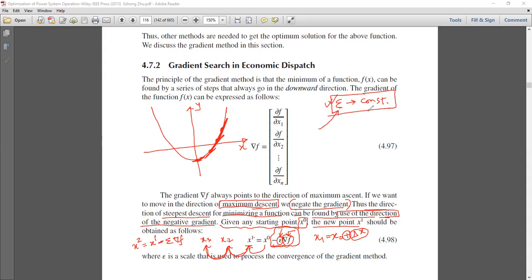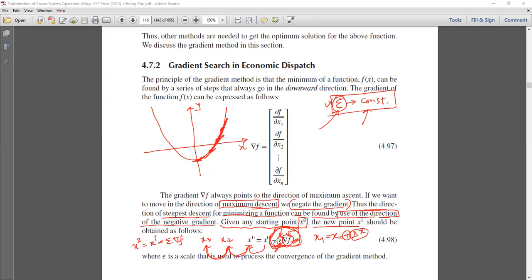Rather, I can choose a single epsilon and stay with the del f variation. So when epsilon is a constant value, del f is changing for each x. So I'm already having a variation in the value epsilon times del f.